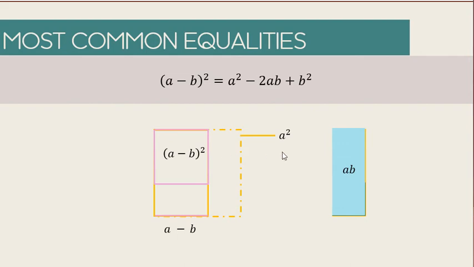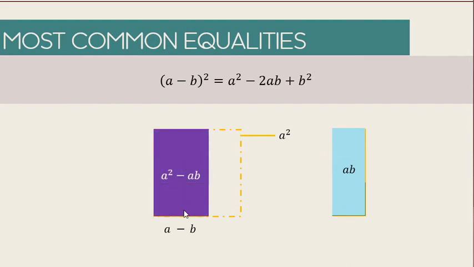Okay, now I subtract AB from the original square. So the remaining area is A squared minus AB. So far so good. The big square is A squared, and after we remove the AB part, the remaining part should be A squared minus AB.